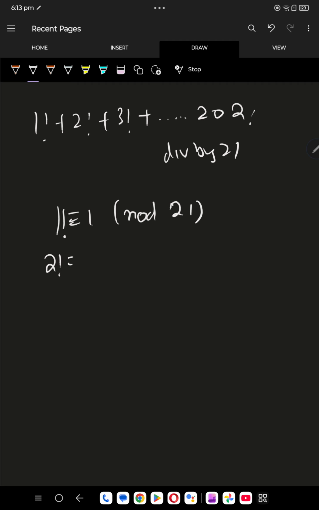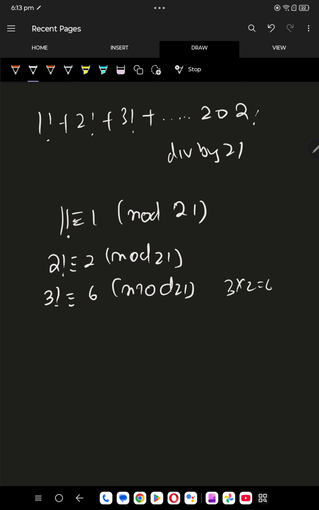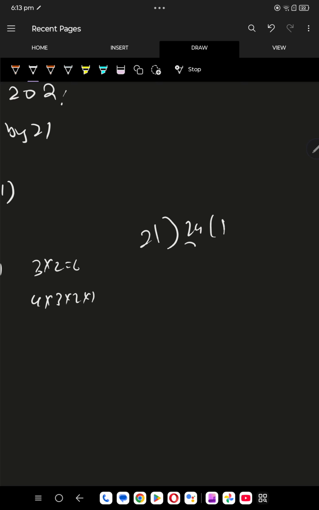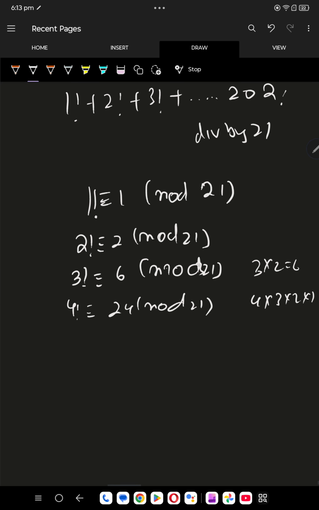Factorial I am writing, but we technically are not using Wilson. 2 factorial is congruent to 2 mod 21. 3 factorial is congruent to 6 mod 21, not 3 mod 21. 3 into 2 is what? 6. 4 factorial is congruent to 4 into 3 into 2 into 1, what is it? 24 mod 21. But it has to be less than this. So what are we going to do? 24 minus 21 is 3. So 4 factorial is congruent to 3 mod 21.